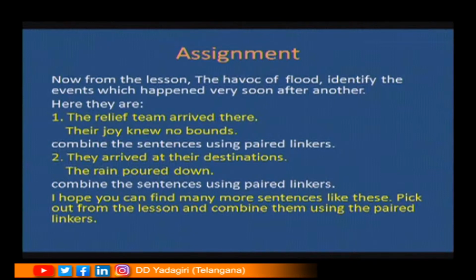They arrived at their destinations. The rain poured down. Combine the sentences using paired linkers. I hope you can find many more sentences like this. Pick out from the lesson and combine them using the paired linkers.